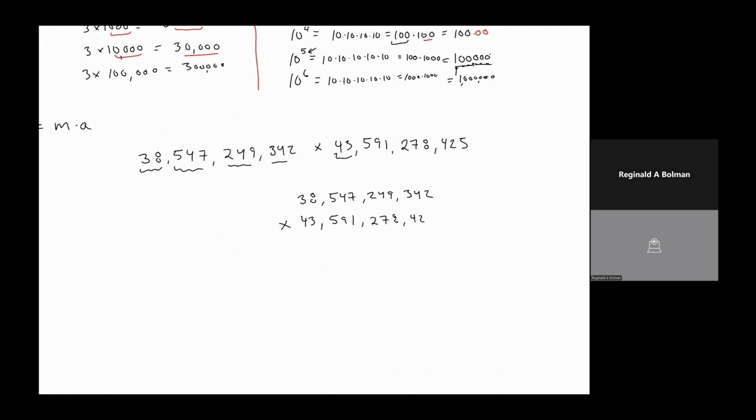I could do that. You could say 5 times 2 is 10. Carry 1. 5 times 4 is 20, plus 1 is 21. Carry 2. 5 times 3 is 15, plus 2 gives you 17. So on and so forth. We could do this and spend all afternoon trying to perform this calculation.